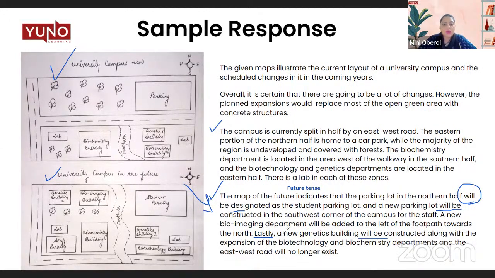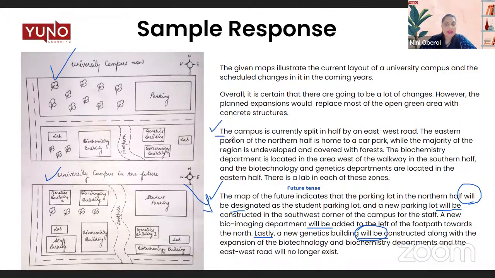A new bioimaging department will be added to the left of the footpath. Lastly, a new genetics building will be constructed, right? So the correct use of tenses is extremely important.